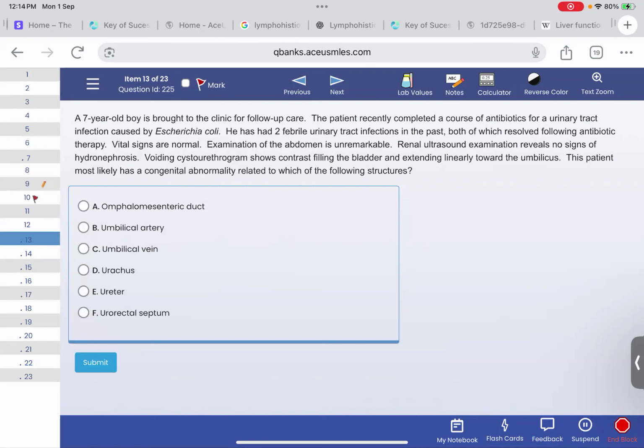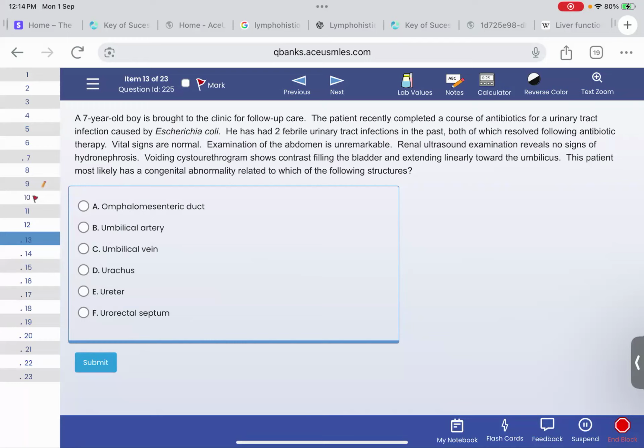Anyone please? This patient most likely has a congenital abnormality related to which of the following structures? A 7-year-old boy is brought to the clinic for follow-up care. The patient recently completed a course of antibiotics for a urinary tract infection caused by E. coli. He has had two febrile urinary tract infections in the past, both of which resolved following antibiotic therapy.